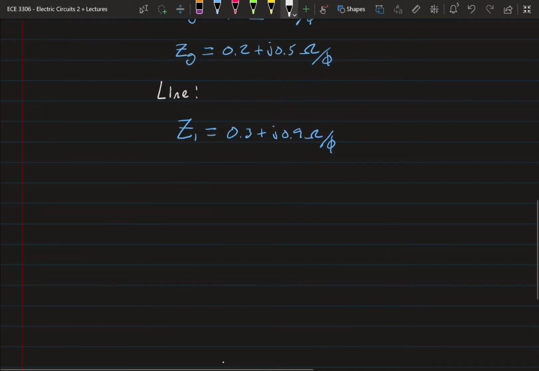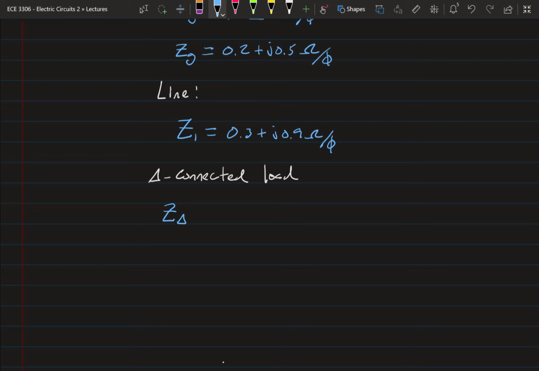And we have a delta connected load with Z sub delta equal to 118.5 plus J 85.8 ohms per phase.